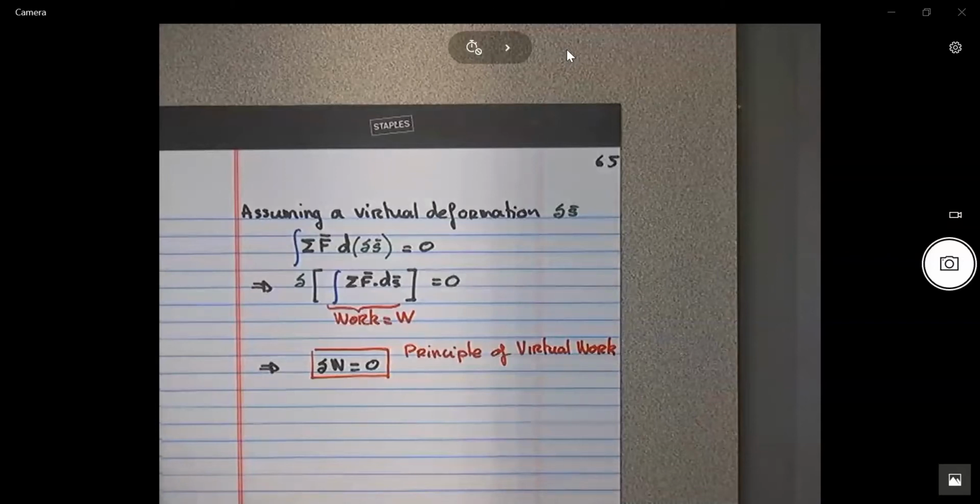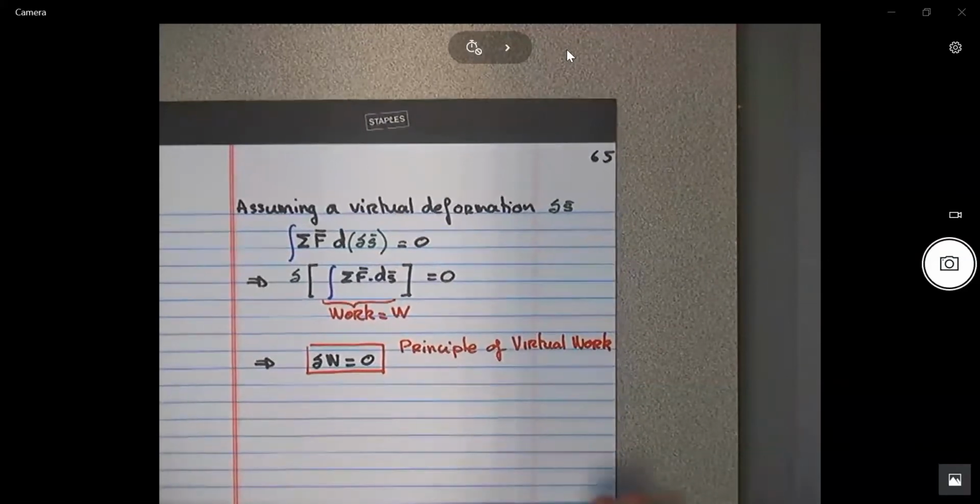Okay, so I know at first sight this equation looks very confusing because you say, how can this equation be a powerful equation? We don't really see what it means right now.